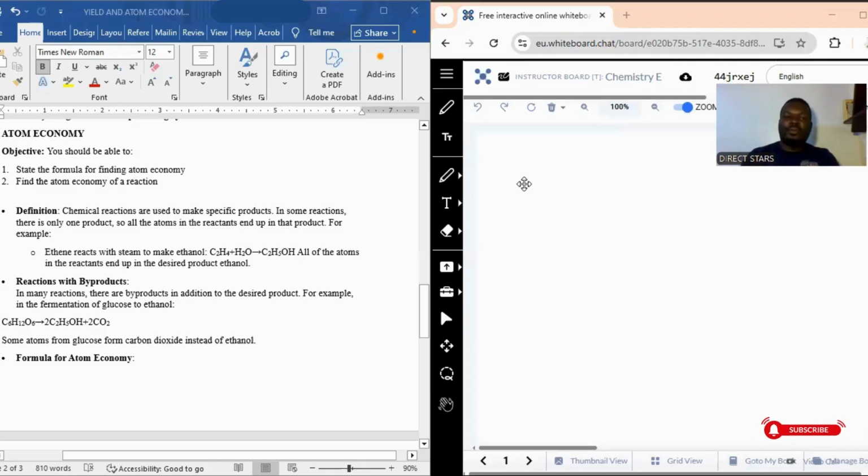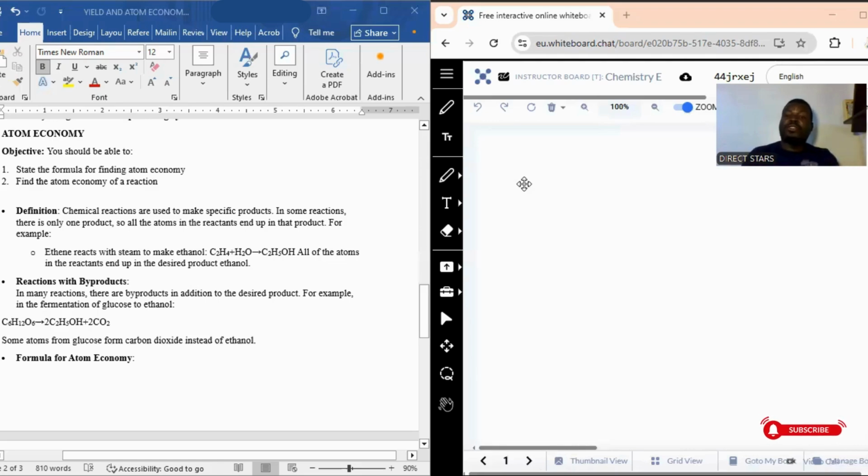Let's begin with what chemical reactions do. A chemical reaction is geared towards producing a specific product. So in some reactions, there is only one product, which means all the reactants end up forming a single product.